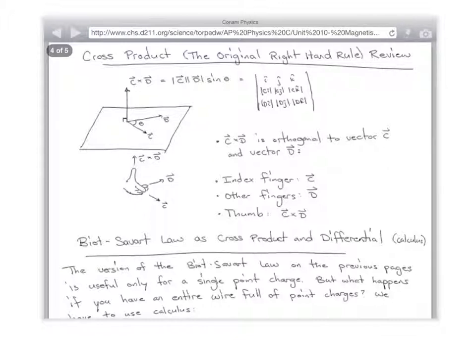If you don't remember how to do that determinant, no worries, it's pretty easy. You can look it up. You just cover up I hat, multiply CJ DK minus CK DJ. Remember all that stuff? Add all the diagonal downs, subtract all the diagonal ups. Now, you probably aren't going to have to do that on the AP test.